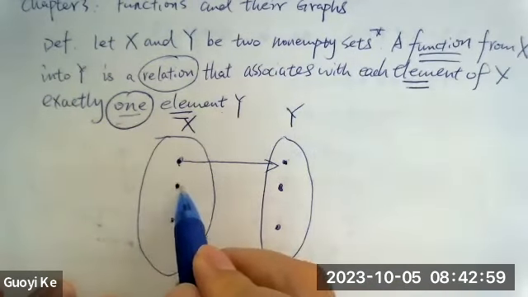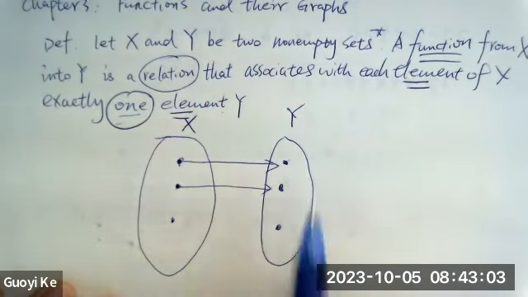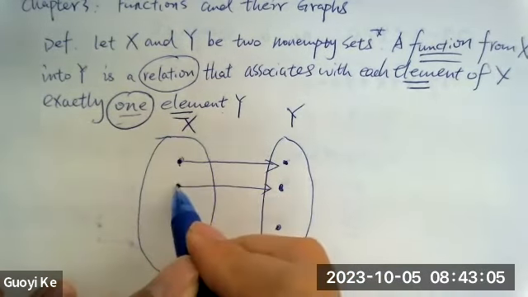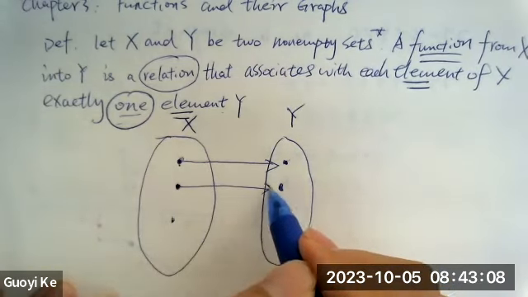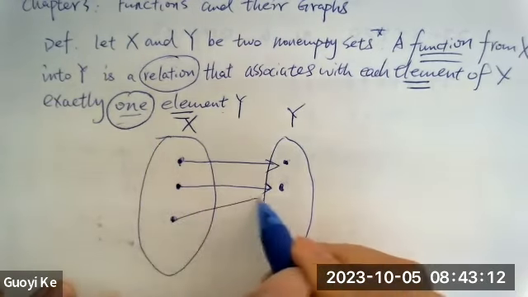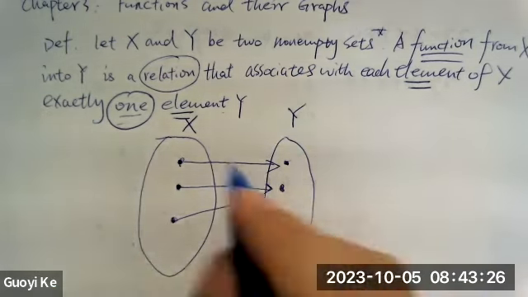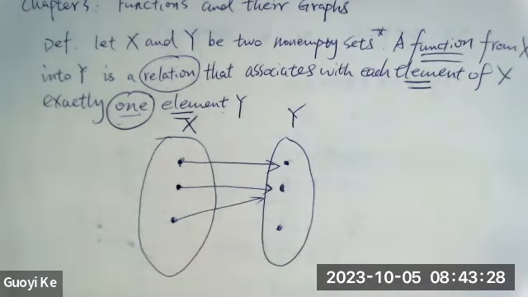For example, here, each element in x corresponds to one element in y. And here, each element in x is corresponding to one element in y. Okay, so that's the definition.